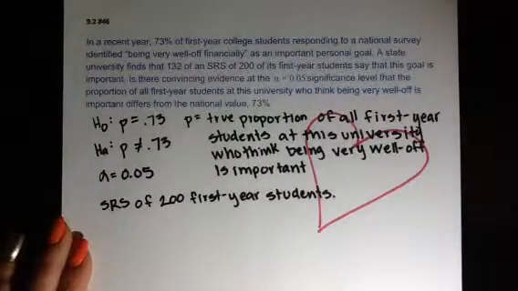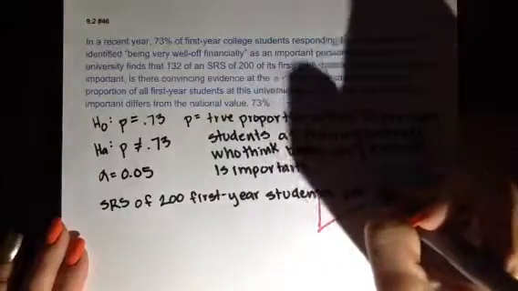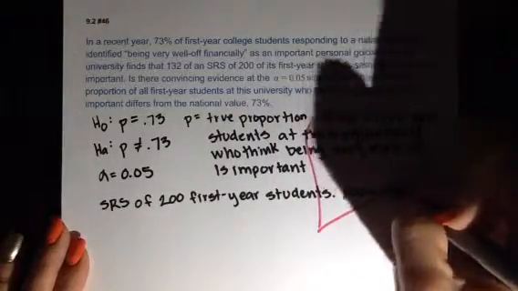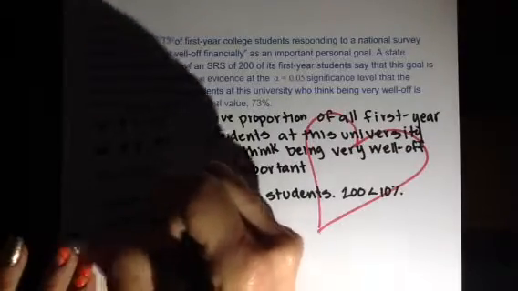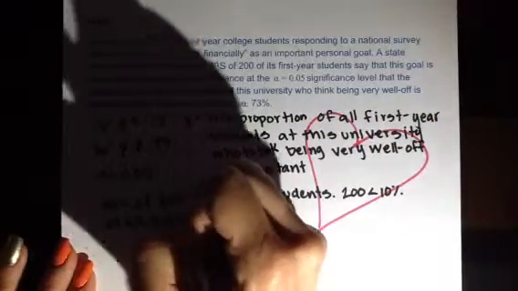Then we have our 10% condition, and we're going to assume that 200 is less than 10% of all first-year students at this university.